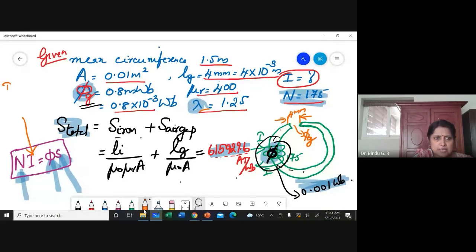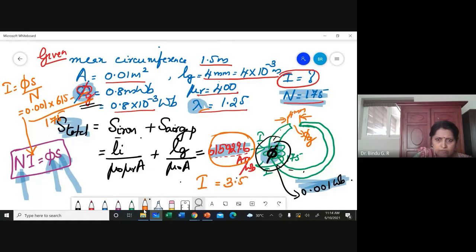So I is equal to phi S by N, which we substitute as 0.001 into 615 thousand, divided by 175, and you will get the final answer I as 3.5 amperes. Check whether you are getting this answer.